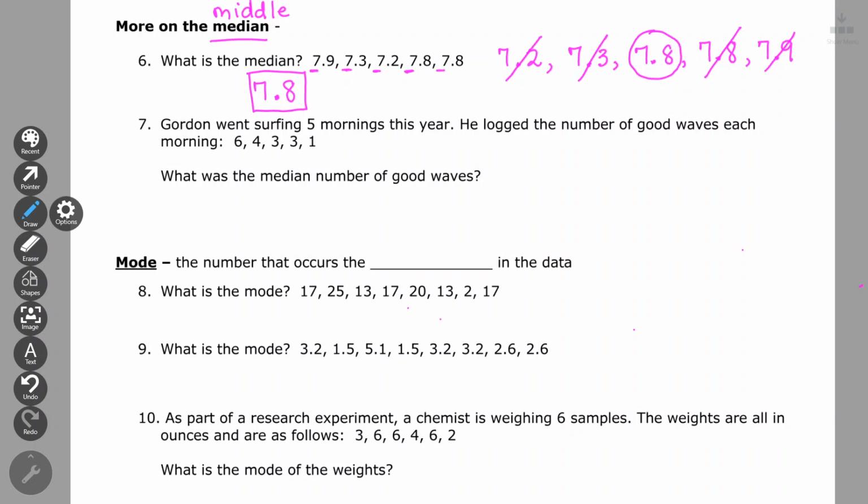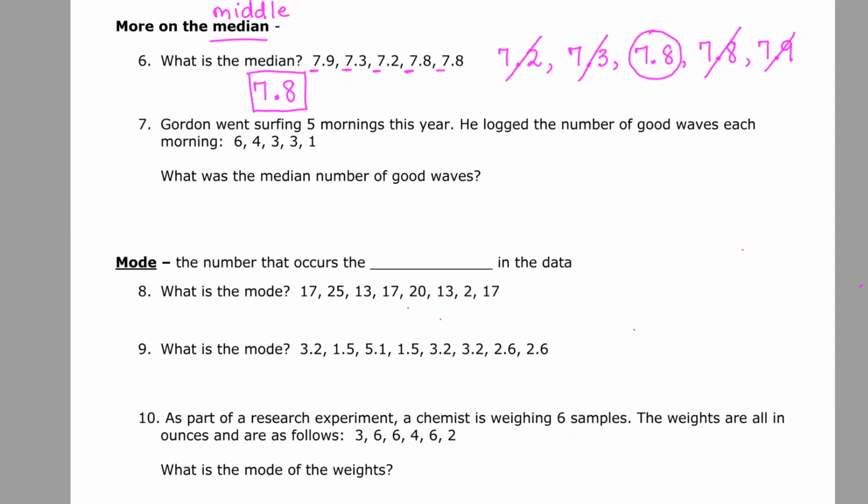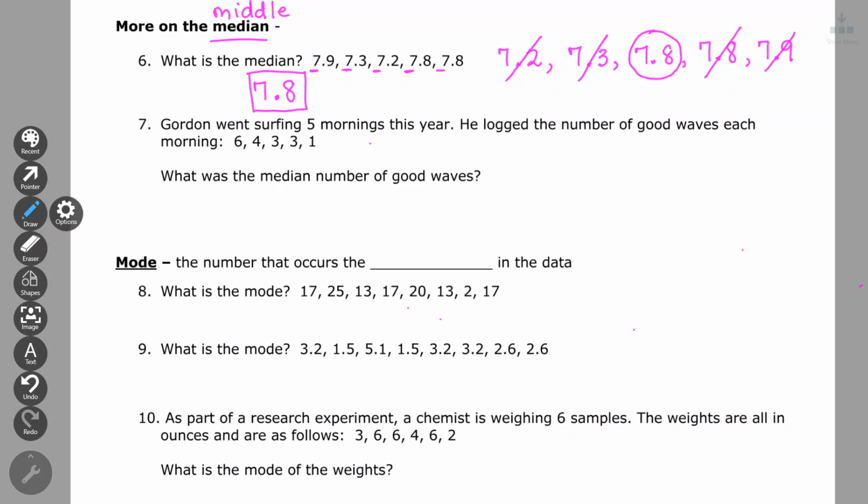Number 7. Gordon went surfing 5 mornings this year. He logged the number of good waves each morning: 6, 4, 3, 3, 1. What was the median number of good waves? So remember, you have to put the numbers in order from least to greatest, which is 1, 3, 3, 4, and 6.